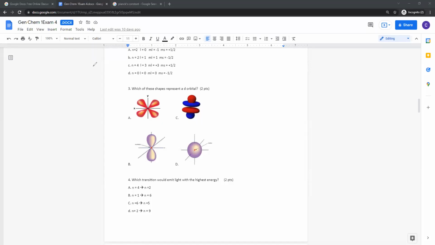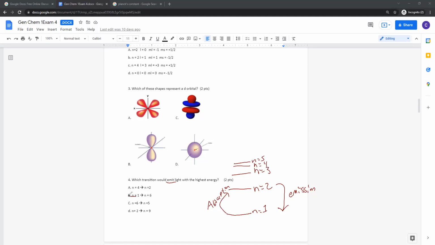Which would emit light with the highest energy? So again, do our energy levels. The higher you go up, the closer they become. If I go up, that's absorption. If I go down, that's emission. Since I'm emitting light, I have to go down.